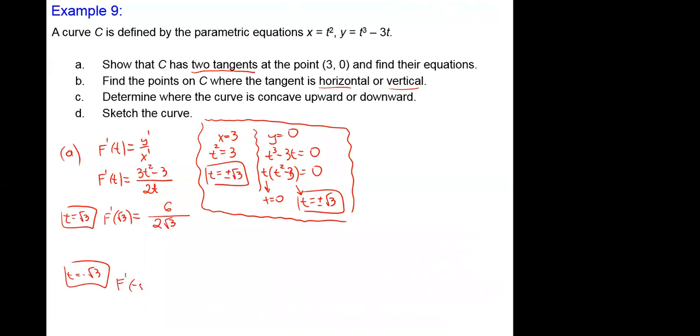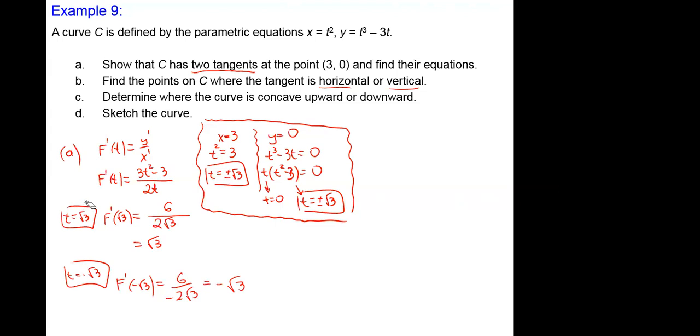And if I substitute negative square root of 3, also 6, but negative square root of 3. I can definitely simplify, divide by 3, and rationalize. If you rationalize the denominator, and of course divide 6 by 2, square root of 3 times square root of 3, and this will be gone.